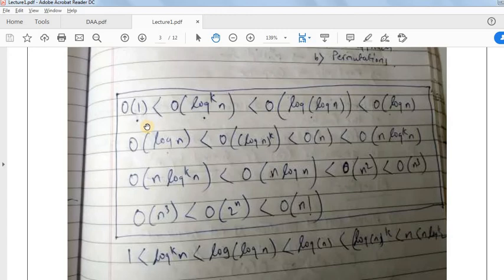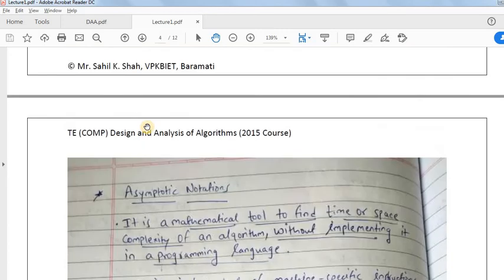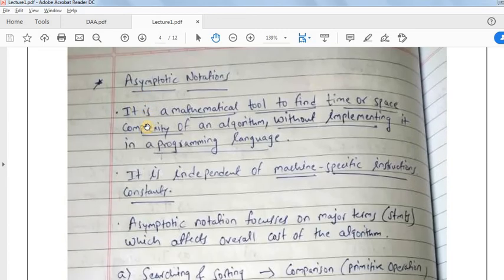Moving further, what do you mean by asymptotic notation? So asymptotic notation is a mathematical tool that is used to find time or space complexity of any algorithm without actually implementing it in a programming language. One may say asymptotic notation acts as a symbol or mathematical expression that is used to represent time or space complexity of any algorithm.